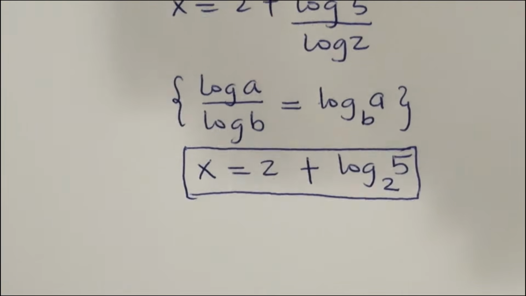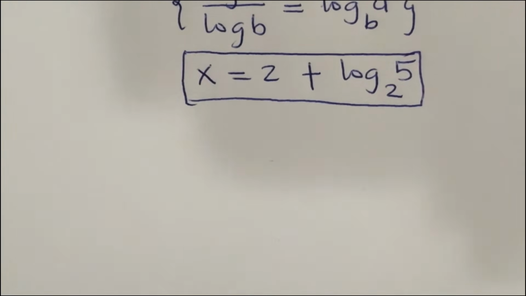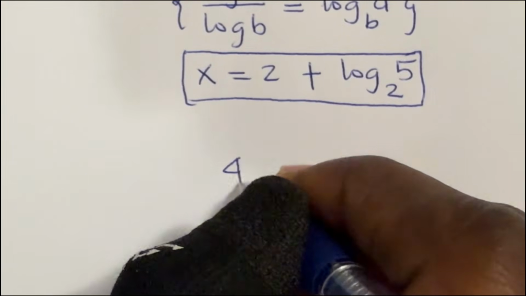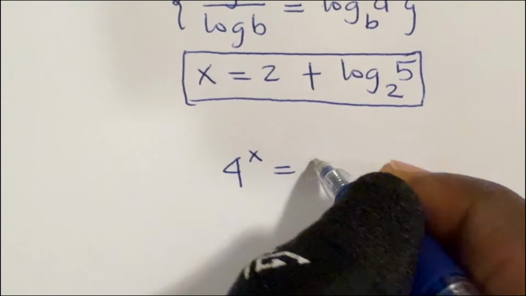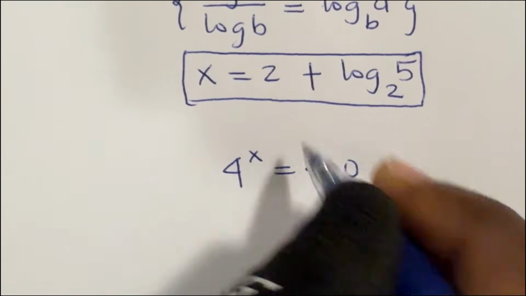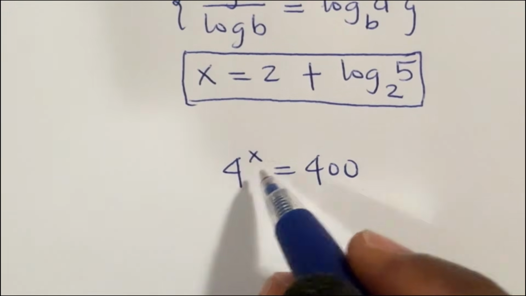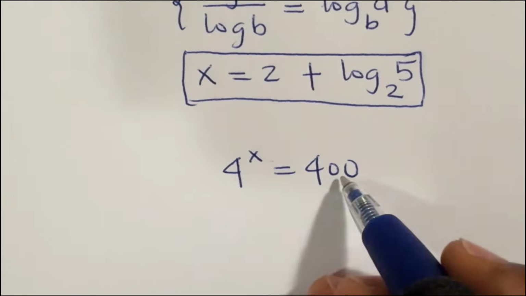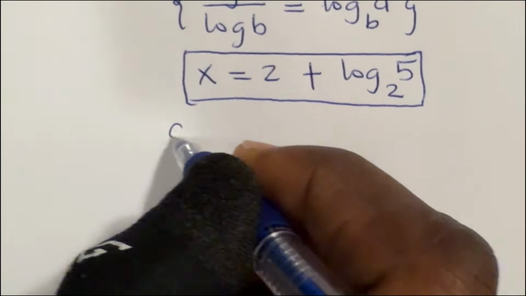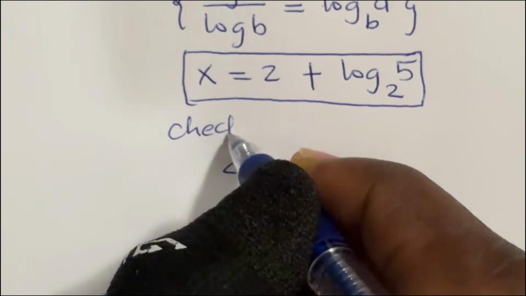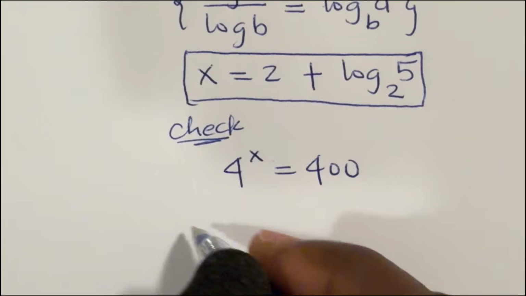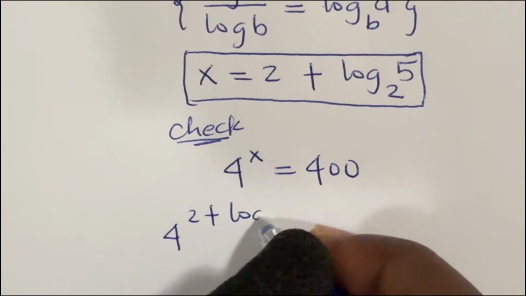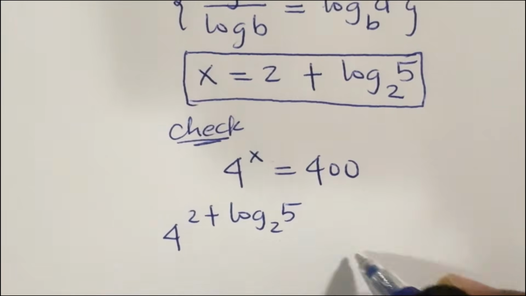Now we're going to check if this balances our given equation. We started with 4 raised to power x is equal to 400. We're going to substitute this value into this equation, and the left hand side must be equal to the right hand side. So we check 4 raised to power 2 plus log 5 base 2.